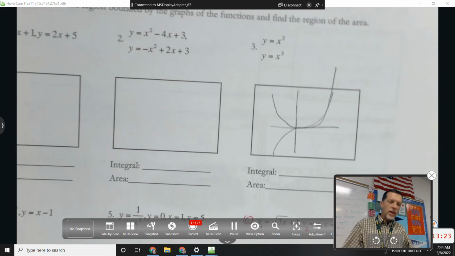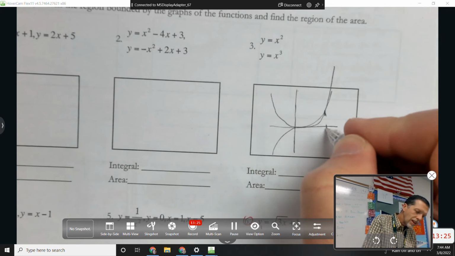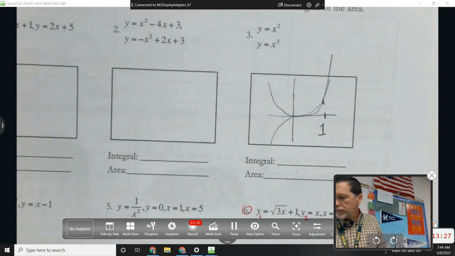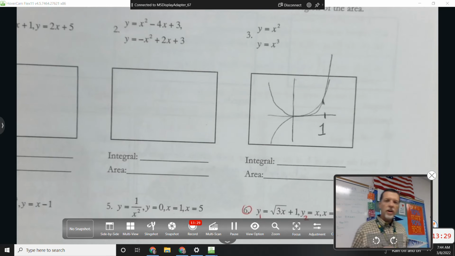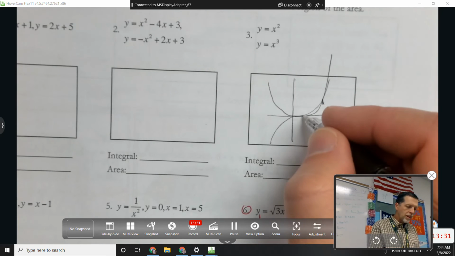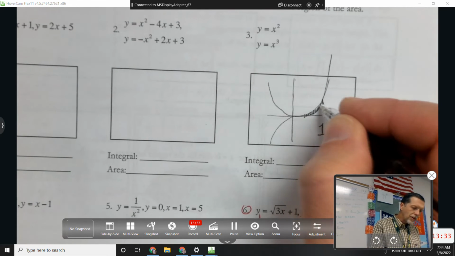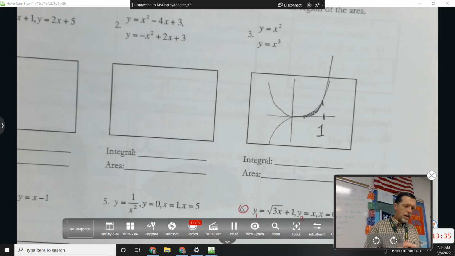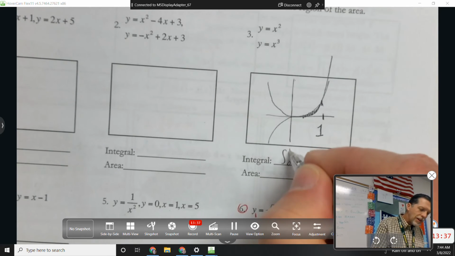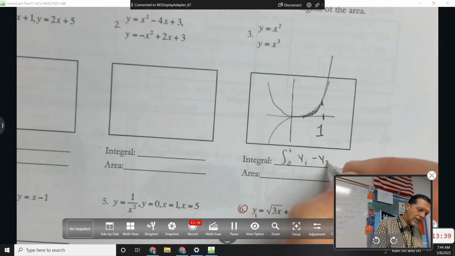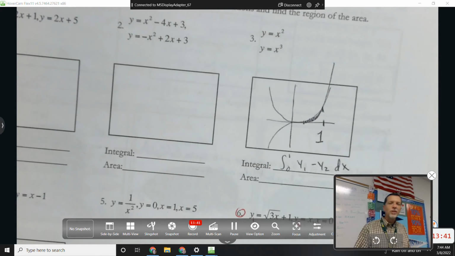One of them's higher than the other one from 0 to 1. So it's just this little bitty fingernail in there. And even if I don't remember which one it is, if I get it backwards, it'll only be the sign that's wrong.